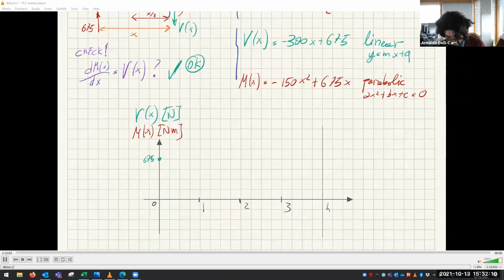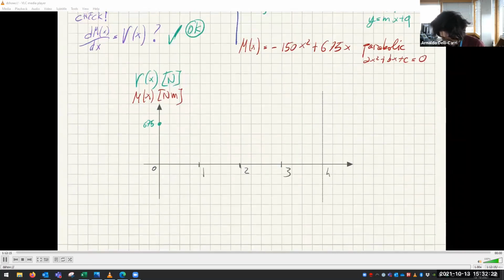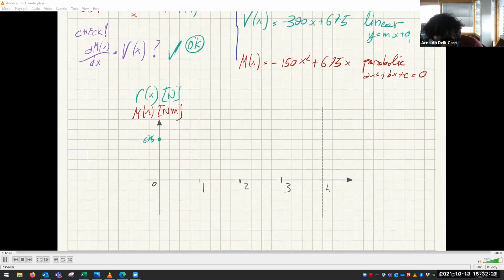And at 4 meters, the shear force is minus 1200 plus 675, which is minus 525. If you don't trust me, you're welcome to find out for yourselves. Minus 525 newtons. So, of course, the straight line would be from here to here.